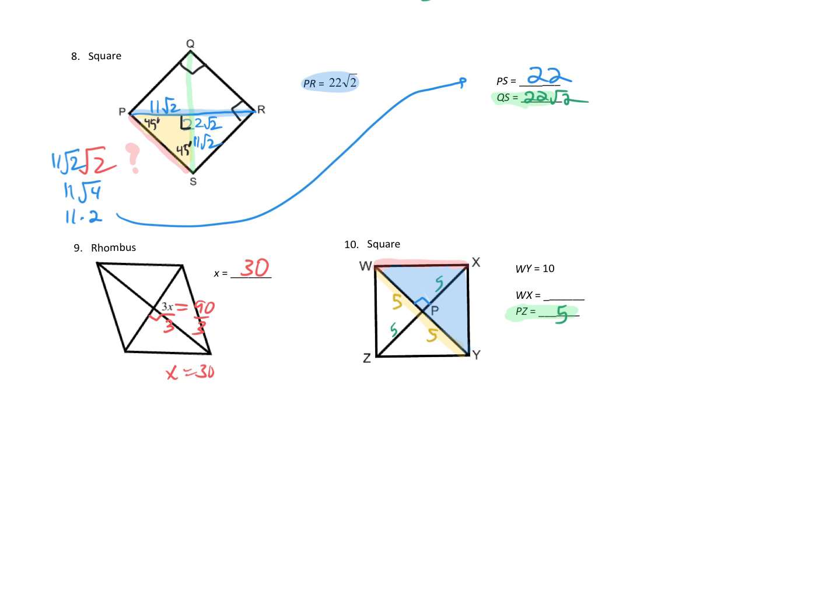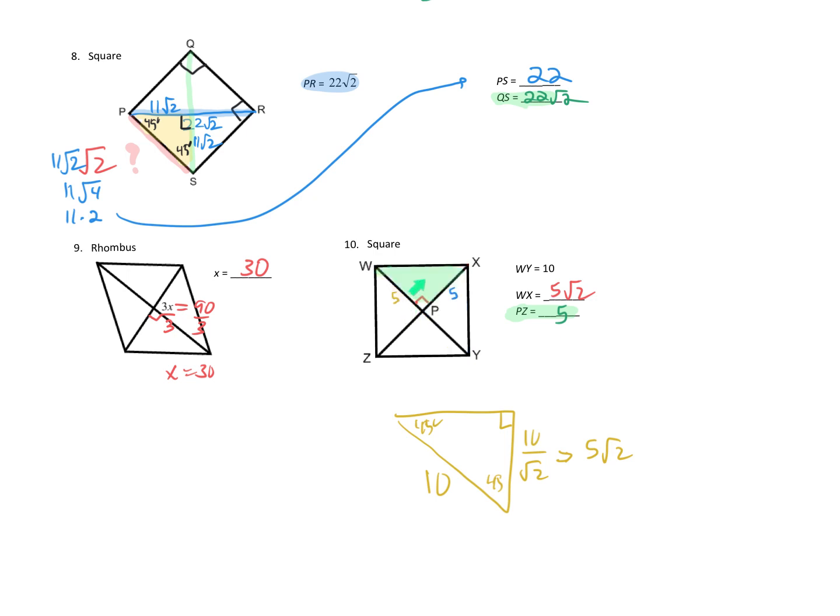So recall that in the 45, 45, 90 special right triangle, to get from the large hypotenuse to the small leg, we don't multiply by root 2, we divide by root 2. And this simplifies to half of 10 root 2. There's our answer. But let's quickly look at another way to find WX.